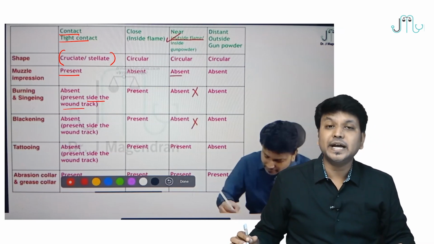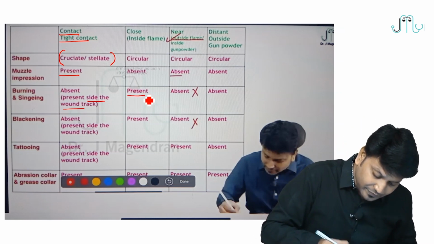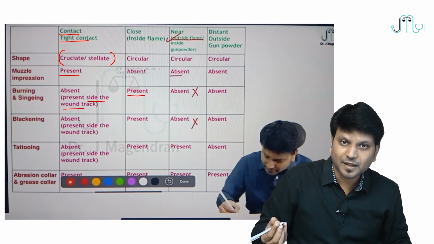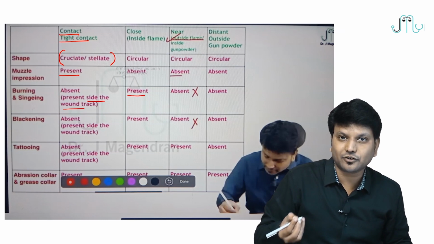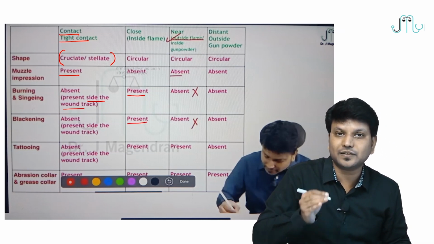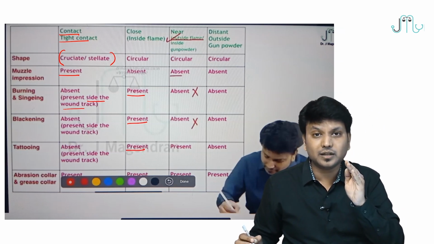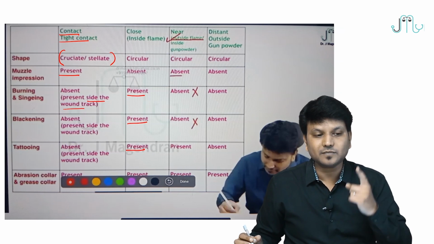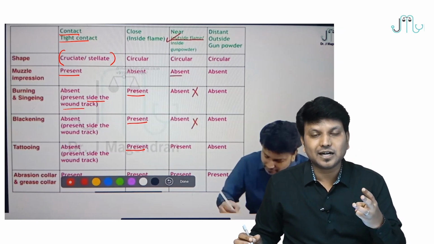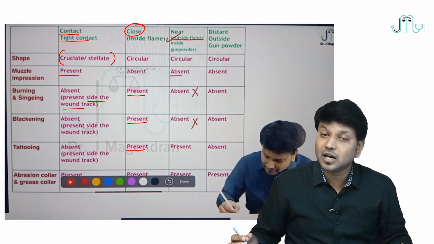Close shot, I told you it is within the range of flame, so you will see the burning effect of flame. Okay, you will also see the effect of smoke, that is blackening. You will also see the effect of that gunpowder, tattooing will also be seen. So if you see all these findings, burning, blackening and tattooing, definitely it should be a close range. Now coming to the near range.